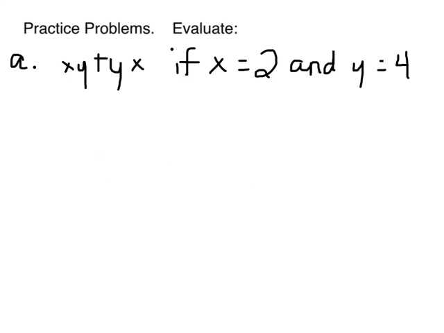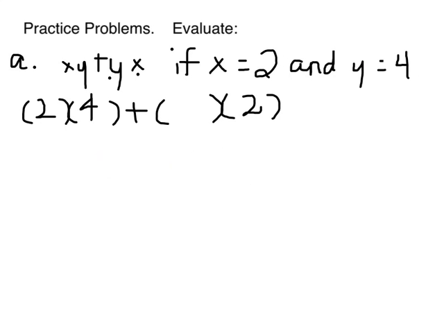We're going to evaluate, and the first thing I've got is xy plus yx. And I know that here x is a 2, and the x here is a 2, and the y is a 4, and this y here is a 4.